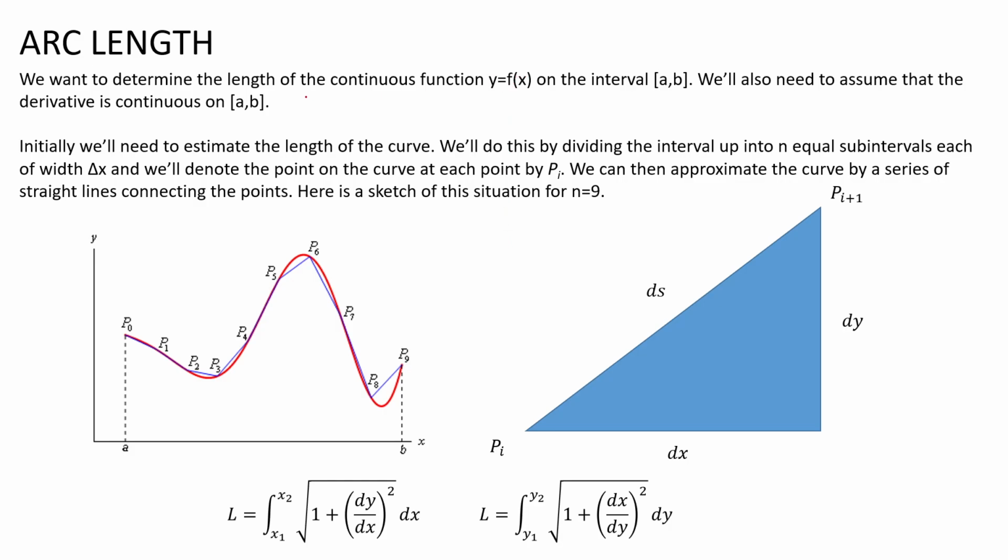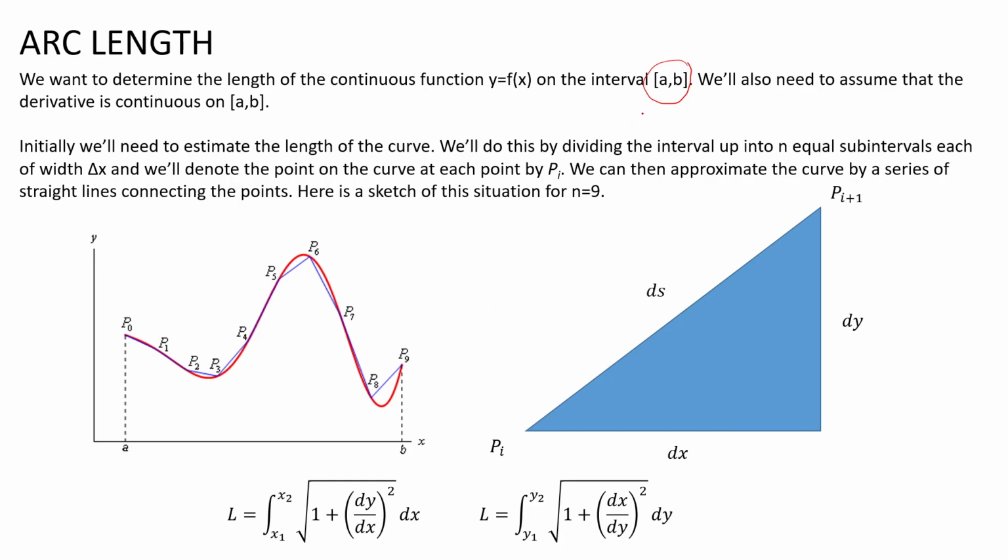In the arc length, you are asked to evaluate on a certain interval A to B. It may be in the direction of the x-axis or in the direction of the y-axis, depending on what particular interval the problem is looking for.